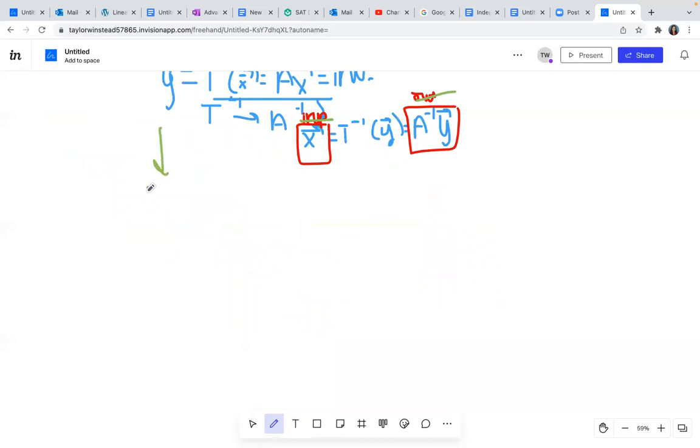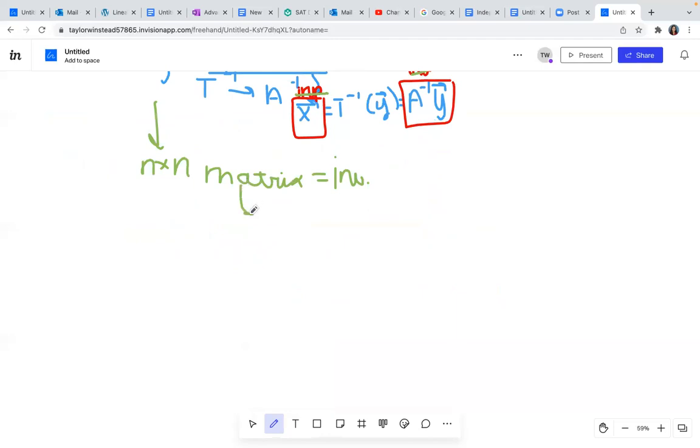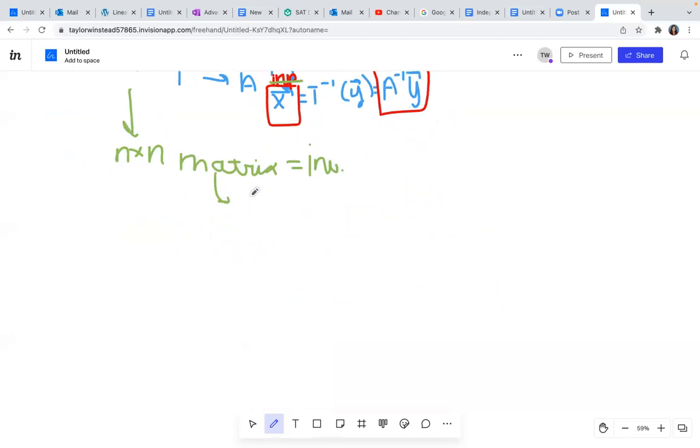Then we can move on to the second thing that we figured out: an n times n matrix A is invertible if and only if the reduced row echelon form of A is the identity matrix I_n.